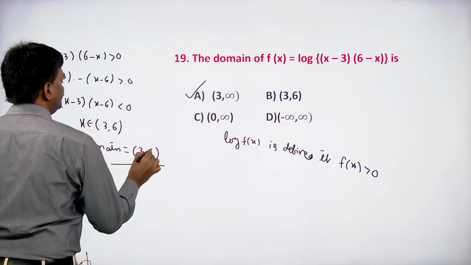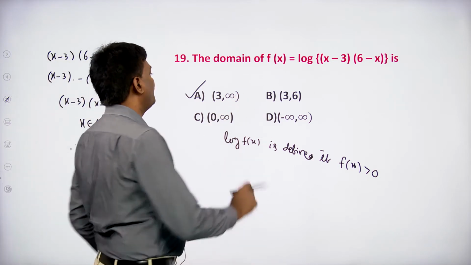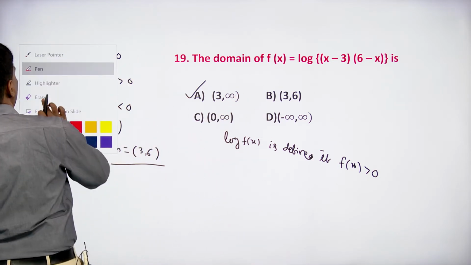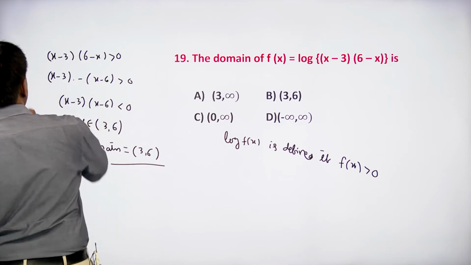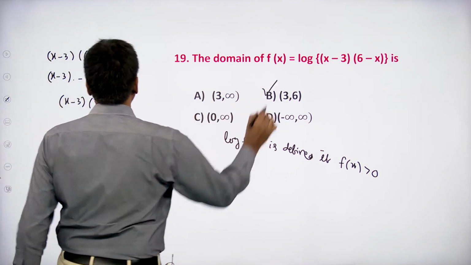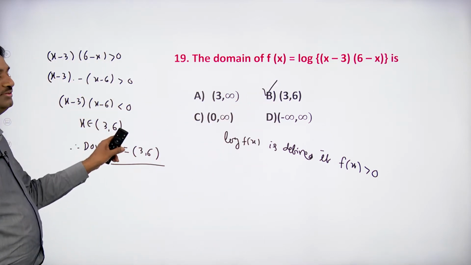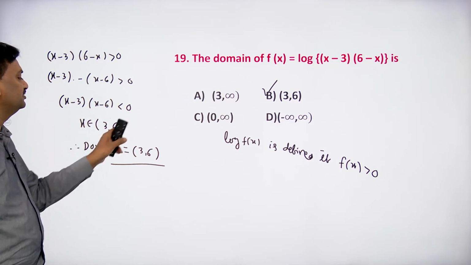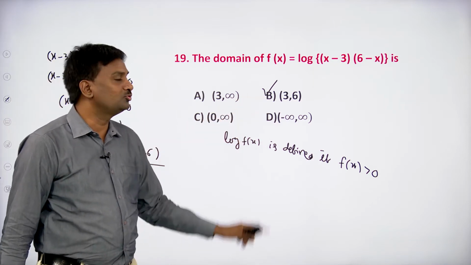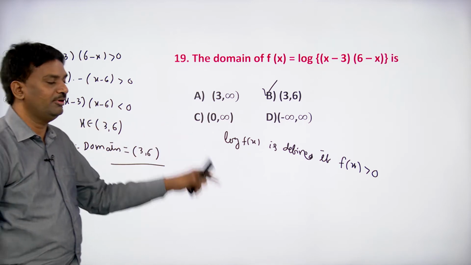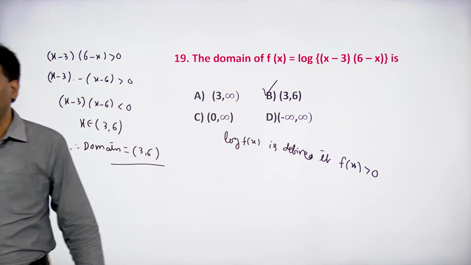So the answer is 3 comma 6, which is option B, not A. (x minus 3) into (x minus 6) less than 0, so x belongs to 3 comma 6. So the domain is 3 comma 6, and option B is correct for the given problem. Take the screenshot of this problem.